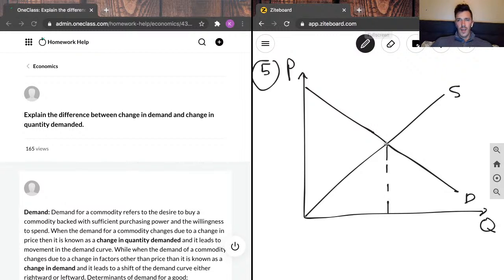The point where the two of them meet is called the equilibrium, or the market clearing price, and the market clearing quantity. And that is our equilibrium, the point where quantity supplied equals the quantity demanded.